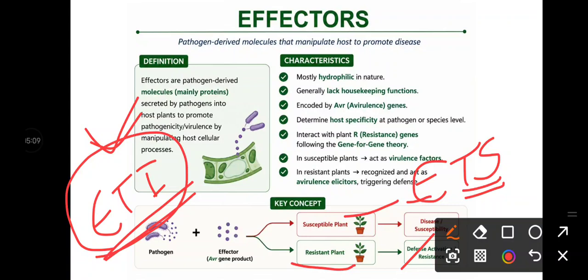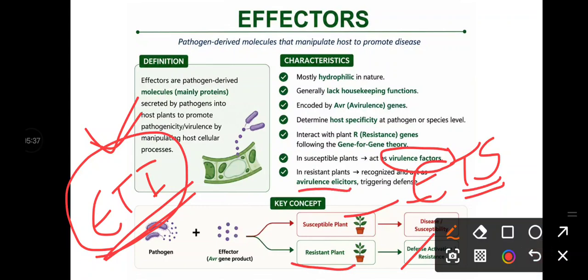So this is about the interaction, or how the effectors actually act inside the plant. For a susceptible plant, it acts as a virulence factor. It enhances the virulence, the pathogenicity of the pathogen. But in case of a resistant plant, it acts as a virulence elicitor.